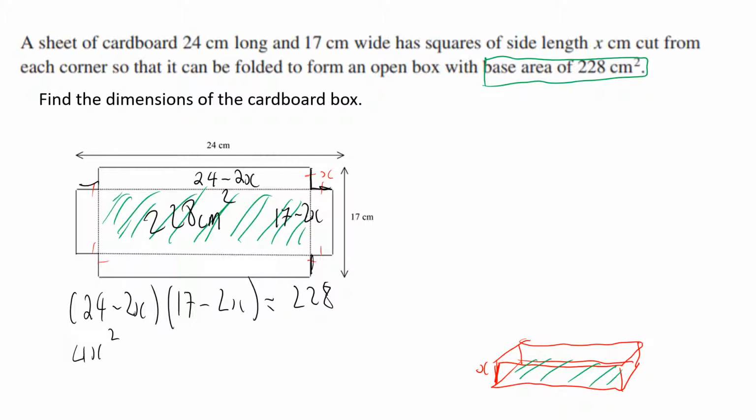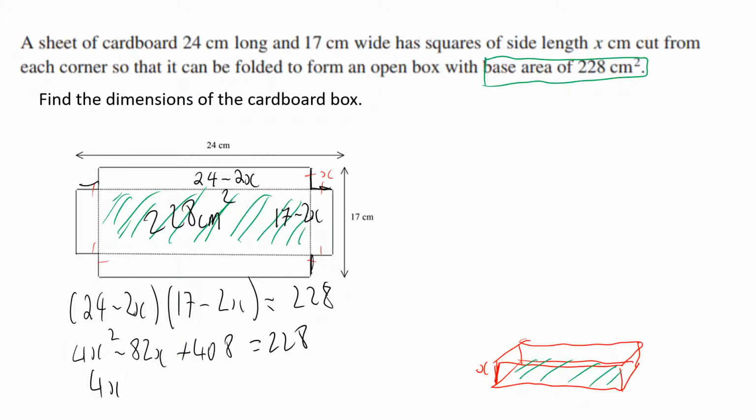Then we've got 2 times 24 minus 2 times 17, so 48 plus 34 is 82, so we've got minus 82x, and then we've got 24 times 17, so 17 times 20 is 340, 17 times 4 is 68, 340 plus 68 is 408, plus 408 equals 228.